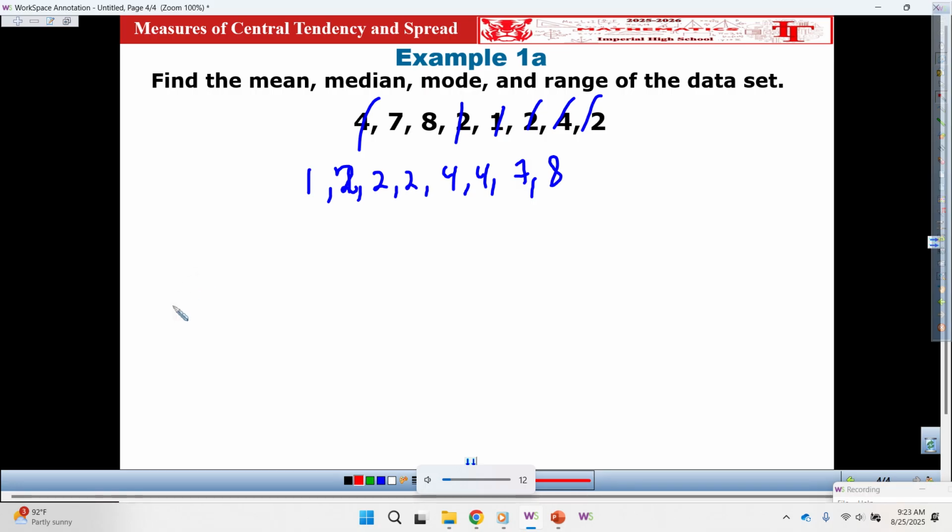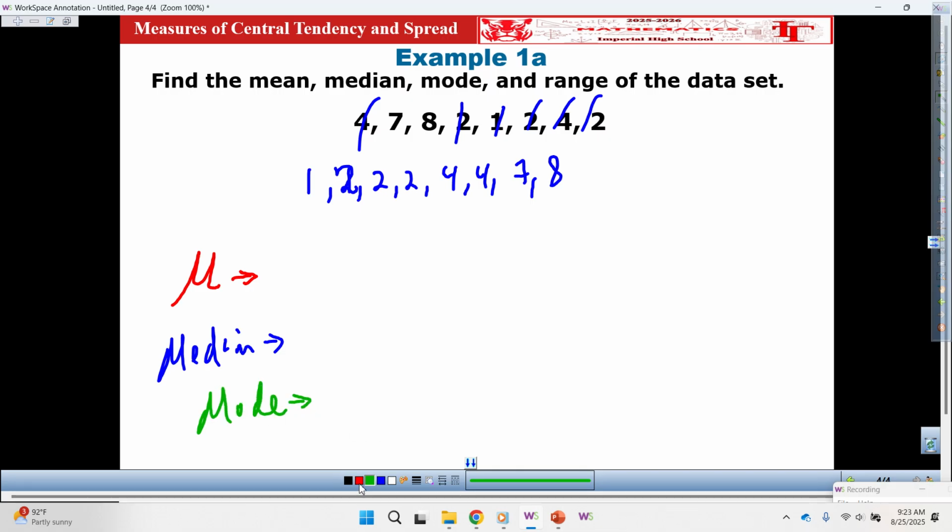So, show your neighbor what you got for the mean. What'd you get for the mean? Three. All right, Jacob says 3. Let's double check. 8 plus 7, 15, 19, 23, 25, and 5, that's 30.